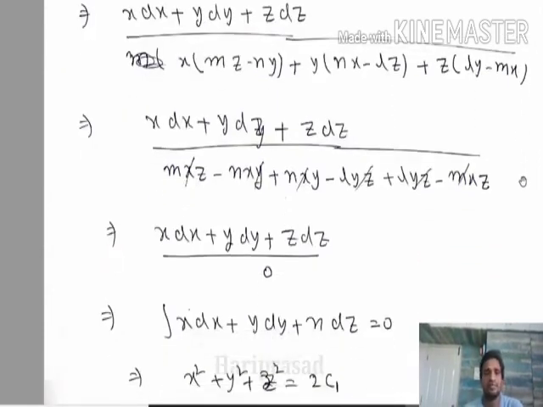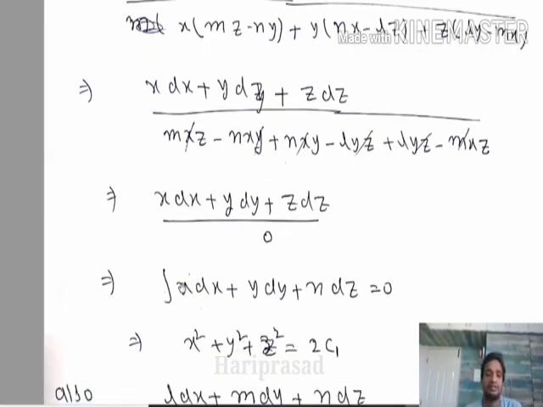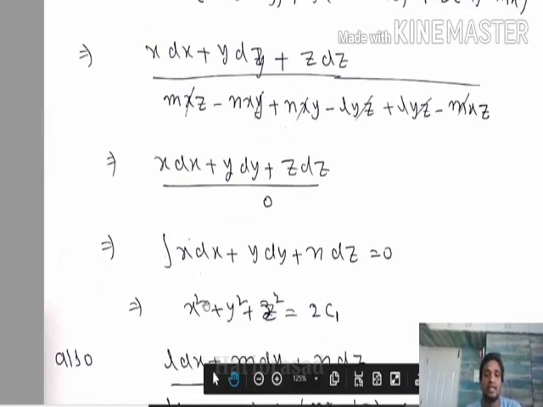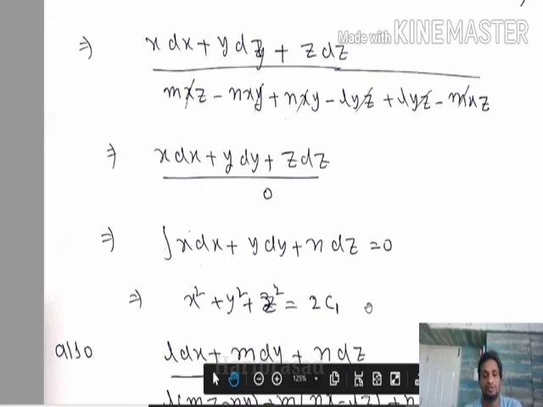If I simplify this one, the numerator is the same: mxz minus nxy plus nxy minus lyz, plus lyz minus mxz. All these terms get cancelled, that is equal to 0. That means on integration, this total value is equal to 0. So x dx means x square by 2, y square by 2, z square by 2, equal to a constant, taking the 2 to the right side, it becomes 0.